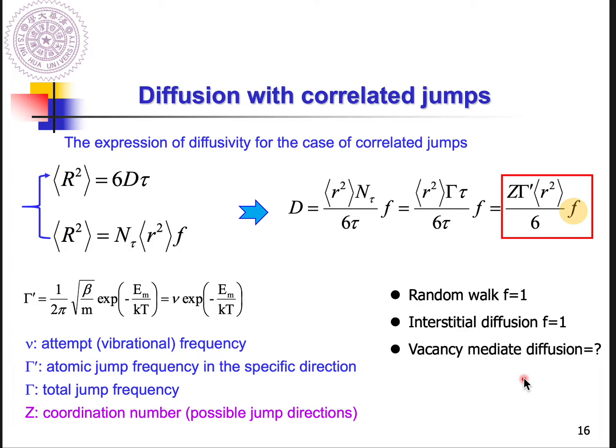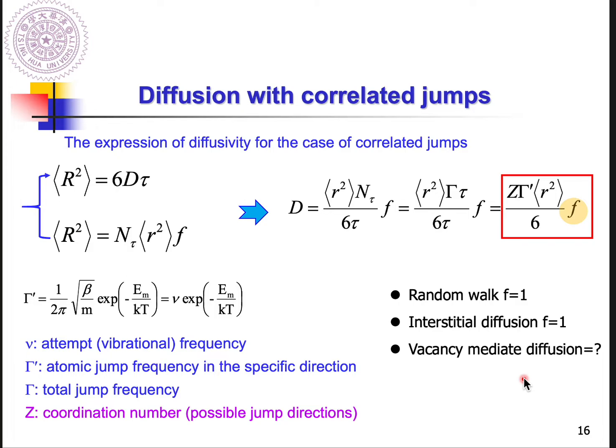So F will be smaller than 1, but larger than 0. So usually in most cases, the correlation factor is between 0 and 1. If it is a random walk, definitely it is 1.